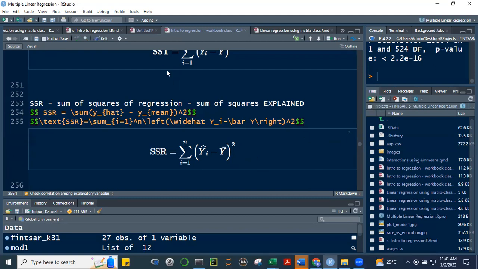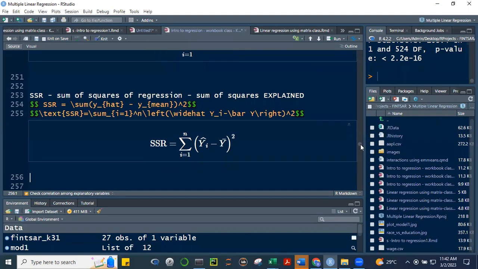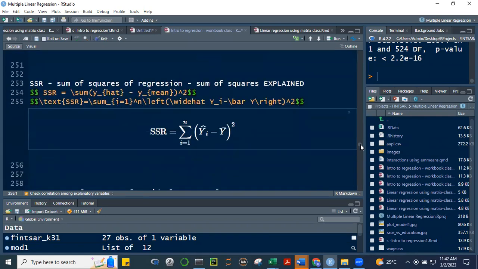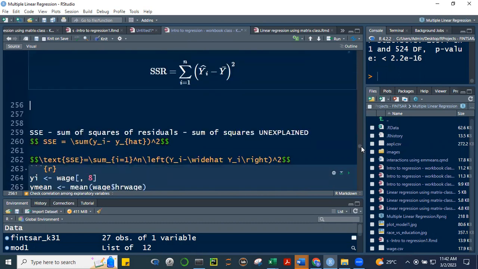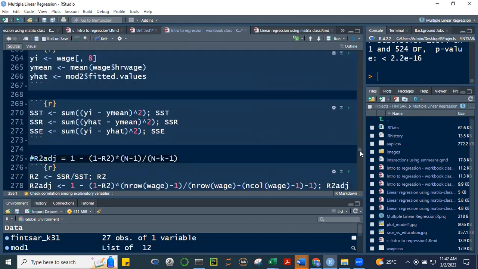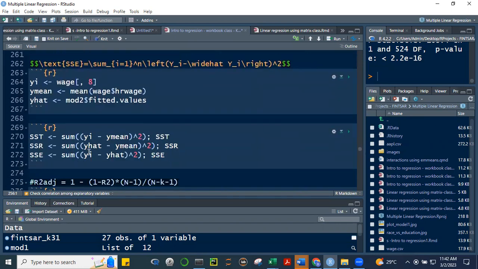So when you compare SST and your SSR, yung natitira, in other books, they call it SSU, unexplained. Ito naman yung iba, ang tawag dito sa SSR, SSE, sum of the squares explained. So just be wary guys, pag nagbabasa kayo ng books, no, or references, tingnan nyo kung ano yung ginagamit nilang term. No? Kasi dito ang ginamit natin, SSE. Okay? SSE, which is the difference between your SST and SSR. All right?